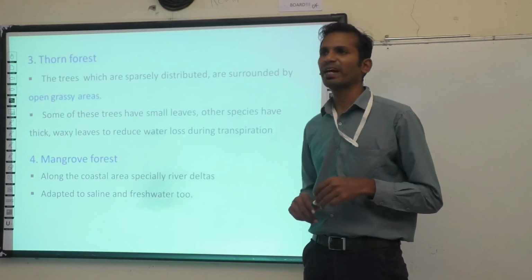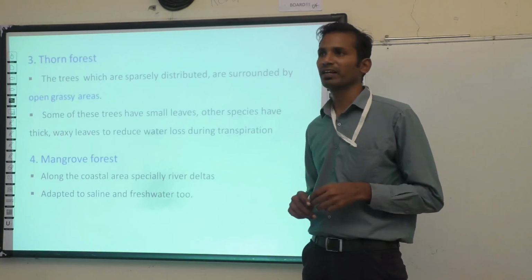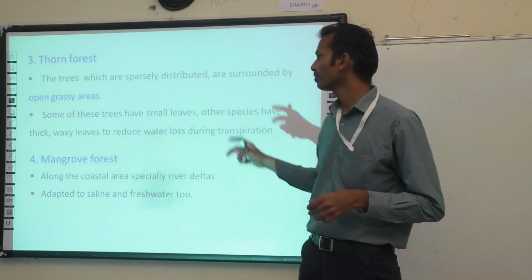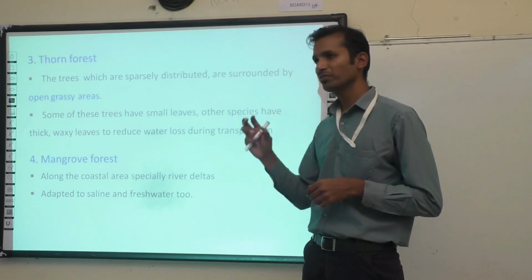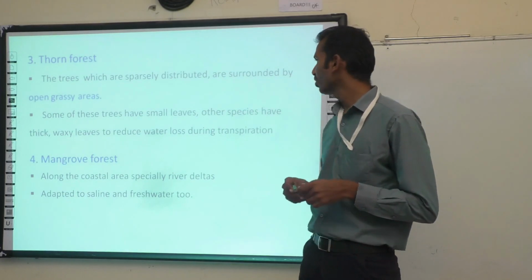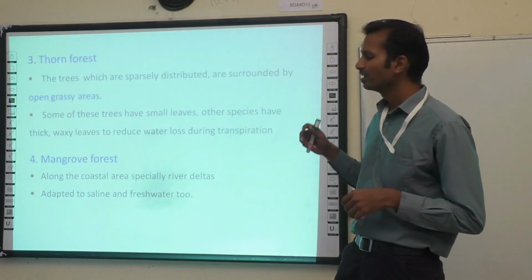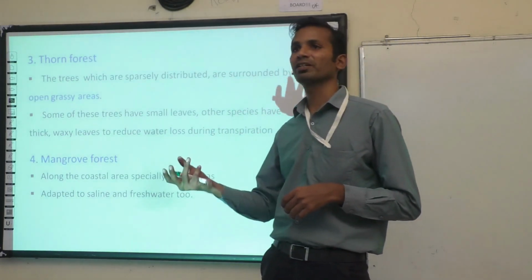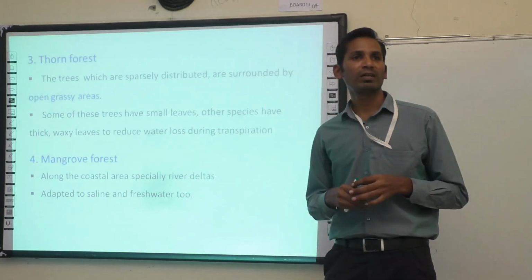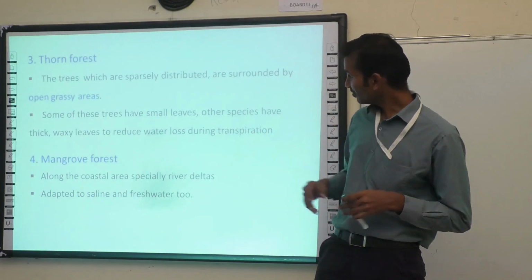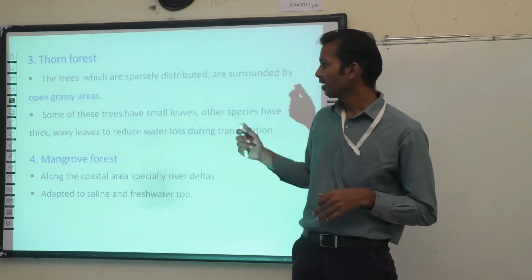So patches of grasses or patches of forest will form here and there. The plants will be very small and will have special adaptations, because in summer the temperature is very high.